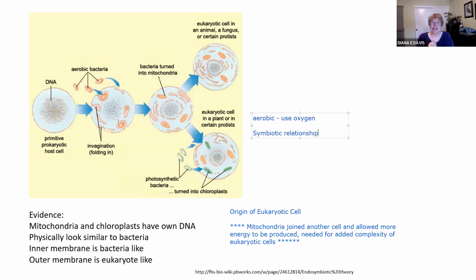And when it gets that energy, that means it can afford to make membrane that becomes the nucleus. It can afford to make various organelles that are specialized, but take more energy to function. It can get bigger, which takes more energy to function. So it can do all of these things because these aerobic bacteria evolve into mitochondria.